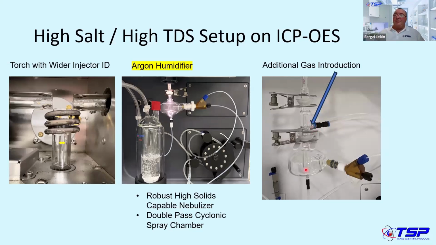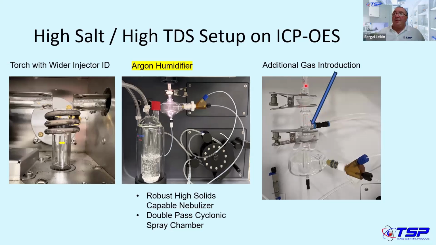So what happens is, you get your aerosol, and the aerosol travels here, and then the additional gas is introduced. It's argon, and it surrounds the aerosol, and it travels like in an envelope, and there is a barrier.